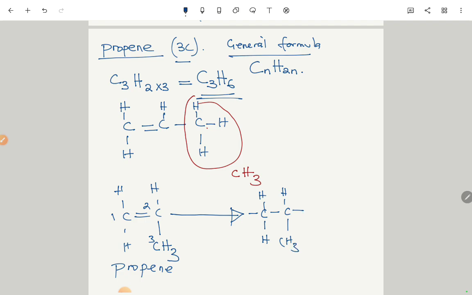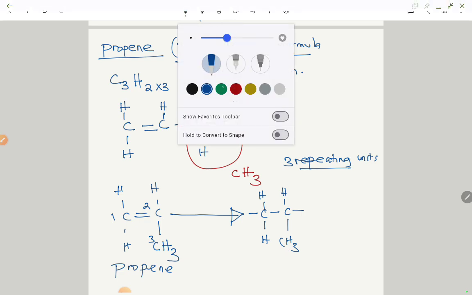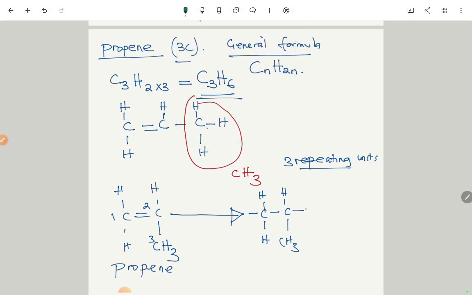Now, I want us to draw the structure of the polymer that forms, showing 3 repeating units. If there are 3 repeating units, it means this structure will repeat itself 3 times. Let me use a different color so that you see. So I'm going to have something like this.